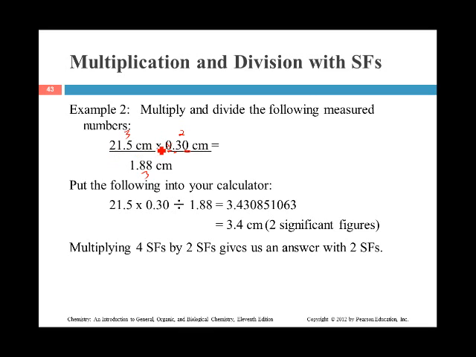So 21.5 times 0.3 divided by 1.88, that's going to give us this big long number here. Instead of writing that whole big long number out, we want to round it off to our correct significant figures. We have 3's and a 2. 2 is the smallest, so we want the first 2 numbers. That's how we get 3.4.